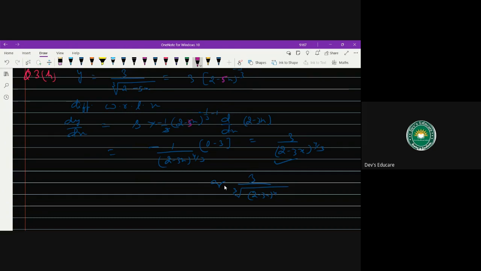So 5x. So negative 5, so positive 5, 5x. Yeah, now you can check your answer.